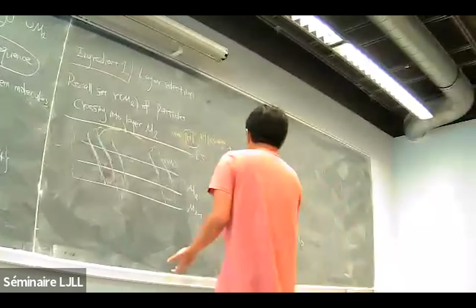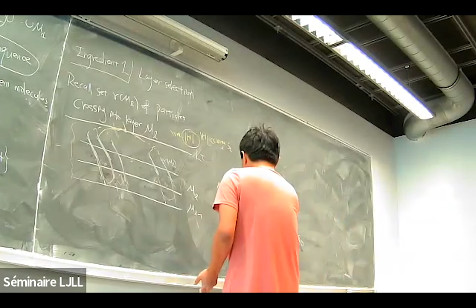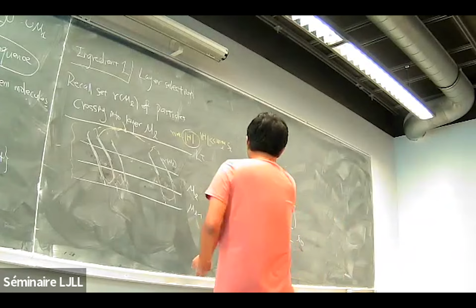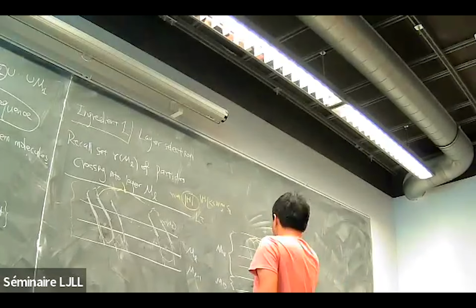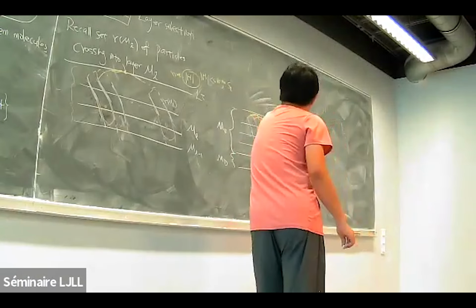Whatever happens is in this cell, which we call M upper, and this cell, which we call M down. Everything above, we can forget about. Everything below, we can forget about. And then we only focus on this cell, and this whole thing is a forest.